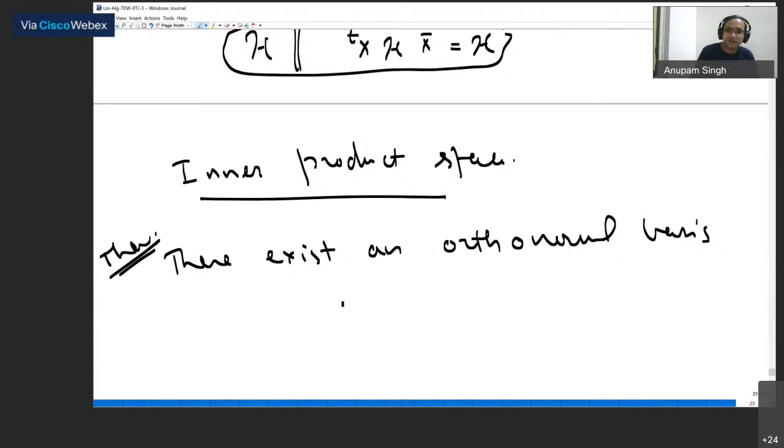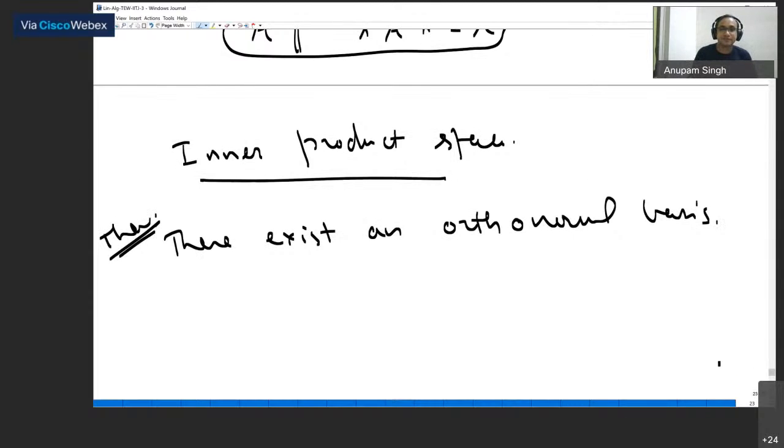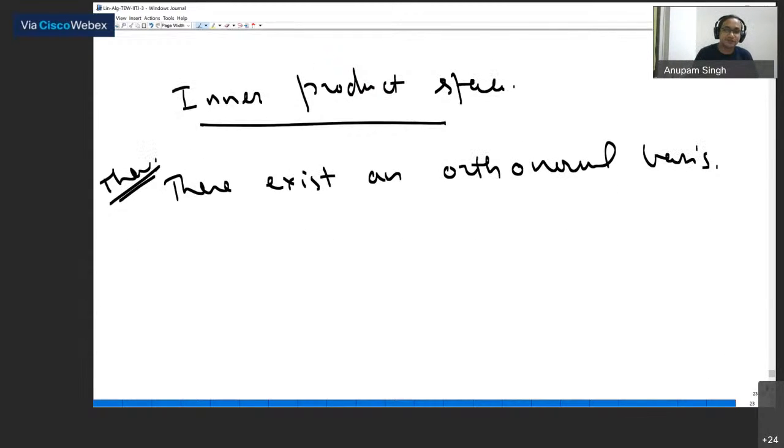And what is that theorem? It is actually a named theorem. How did it follow? Can anybody tell me? Have you heard of the Gram-Schmidt orthogonalization process?